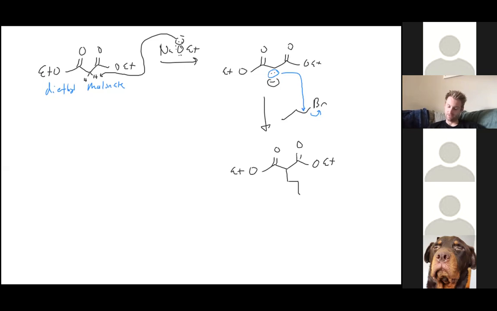So our final product is roughly this here. From this point, we're going to do what's called a decarboxylation. And we're not going to go that much into the mechanism of this. The first step is where we had an H3O plus. So H3O plus will hydrolyze off the esters to carboxylic acids.